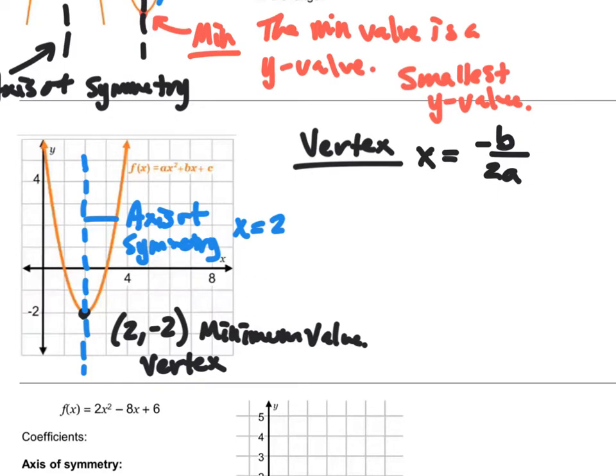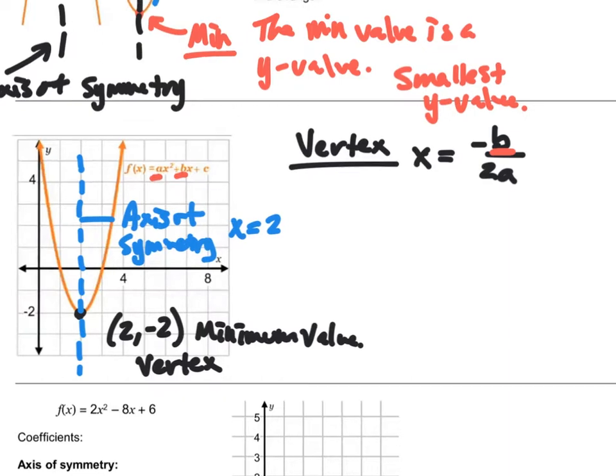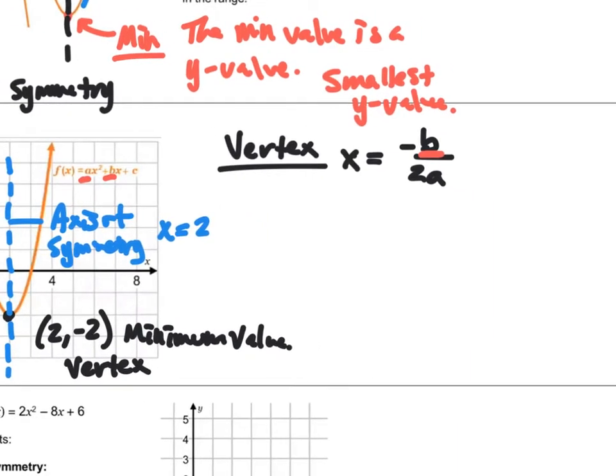Where I get this b from is that coefficient in front of the x. The value for a is the leading coefficient in front of the x squared. If I identify those two numbers, then we can evaluate the vertex. This is for the x value of the vertex, and this will also give us our axis of symmetry.